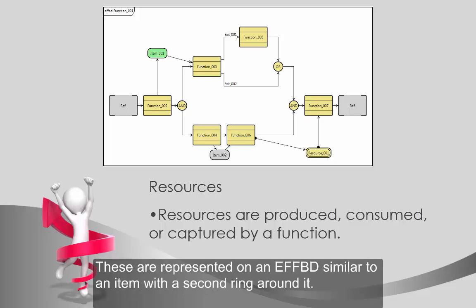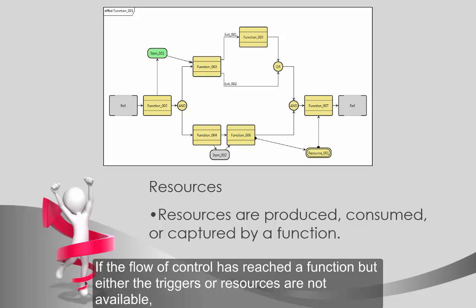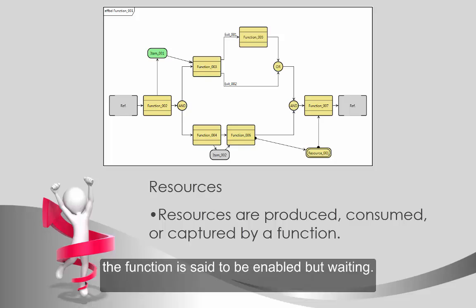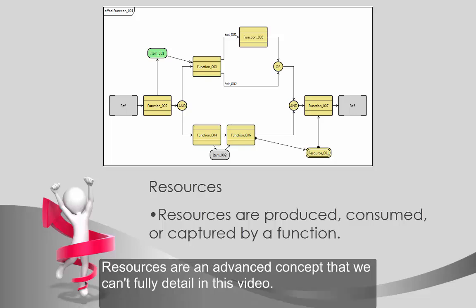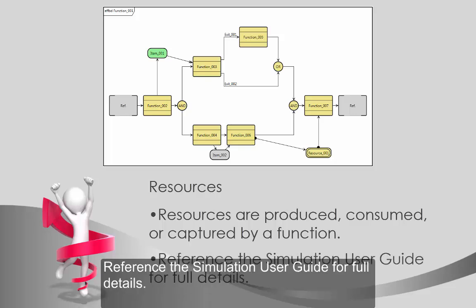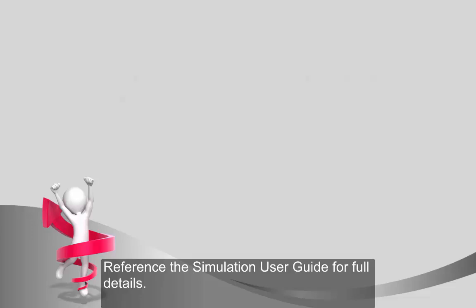These are represented on an EFFBD similar to an item with a second ring around it. If the flow of control has reached a function, but either the triggers or resources are not available, the function is said to be enabled, but waiting. Resources are an advanced concept that we can't fully detail in this video. Reference the Simulation User Guide for full details.